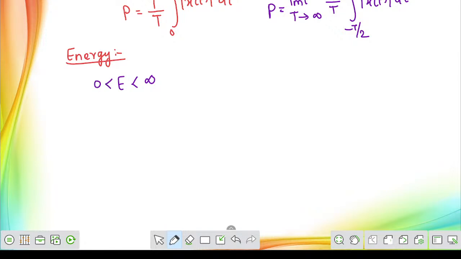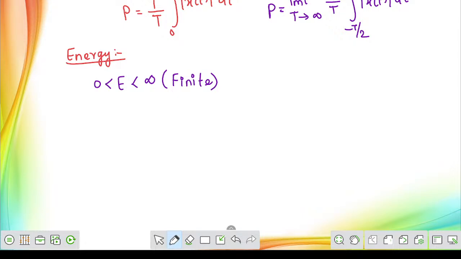It should have a finite value. In case of an energy signal, the value of energy will be finite. It should be neither infinity nor 0, but it should be finite. Energy value must be finite.